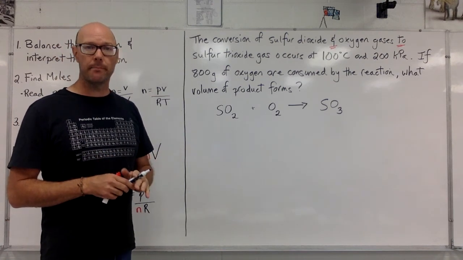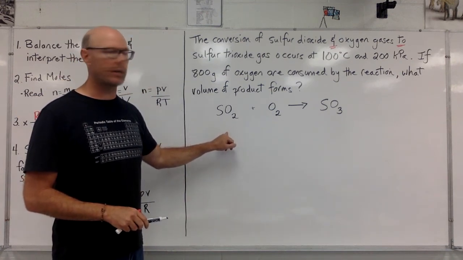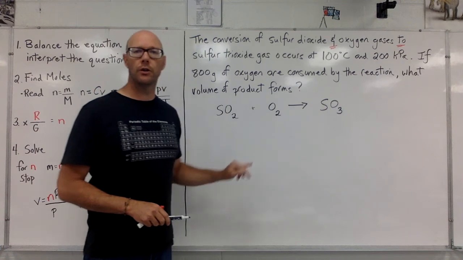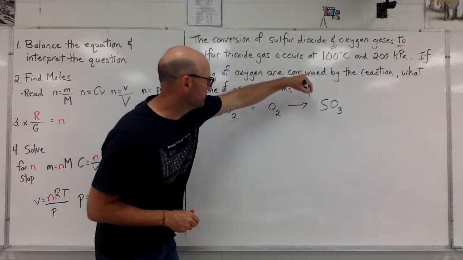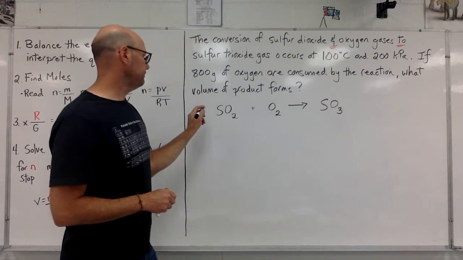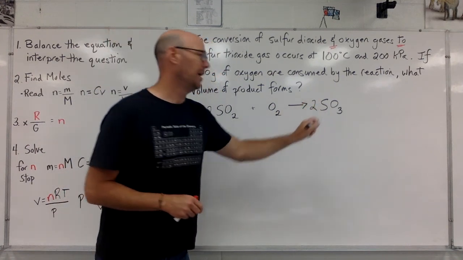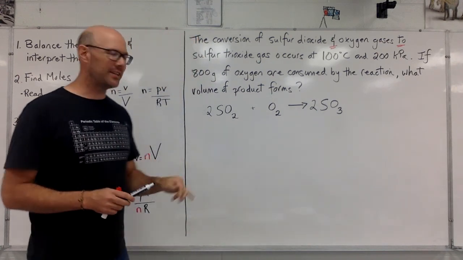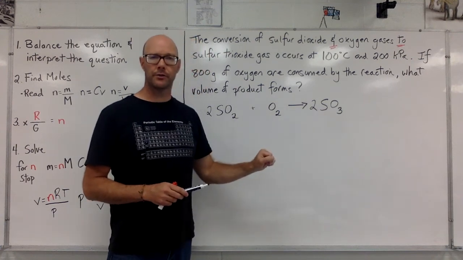It's a little bit tricky to balance because we have oxygen in 2 places on the left-hand side, but only 1 place on the right-hand side. What I need to do is balance it like that. When I look at this now, here there's 2 sulfurs, here's 2 sulfurs.